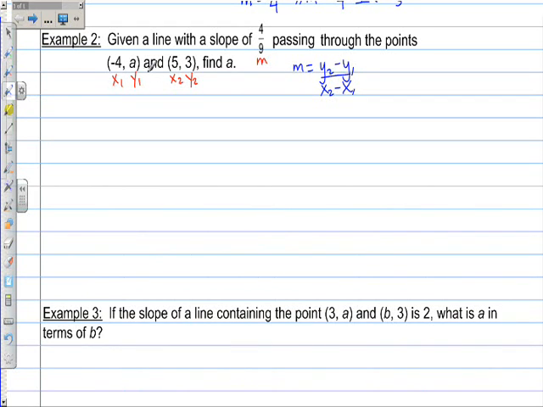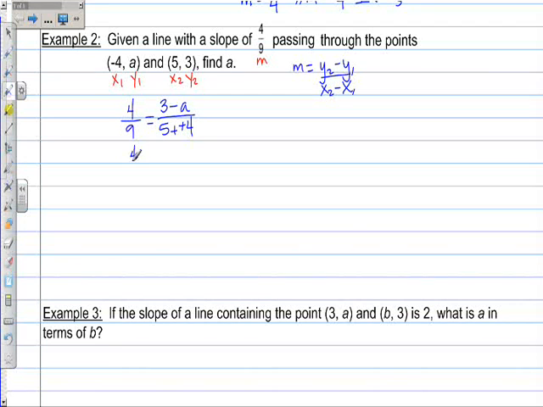We can plug this back in, and our slope is 4/9, so 4/9 equals y2 is 3 minus y1 is a, divided by x2 is 5 minus x1 is -4. Again, minus a negative is plus a positive.